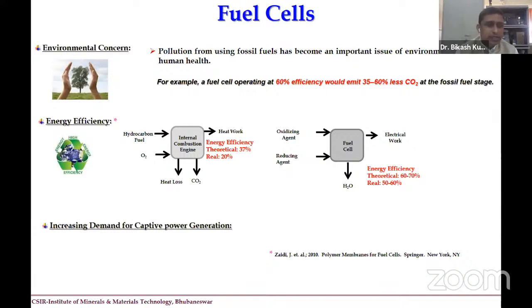You can also see the energy efficiency of the fossil fuel based internal combustion engine and the alternate fuel cell based engines. The efficiency of the alternate fuel cell is very high, and the generation of CO2 and other environmental contaminants is very low.